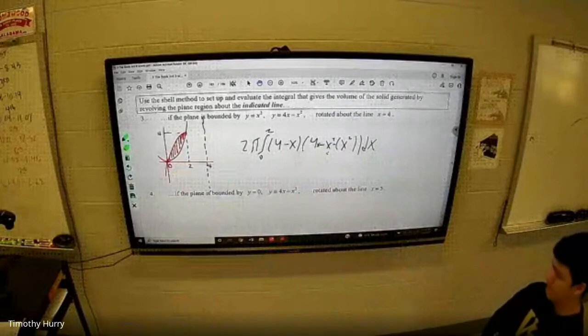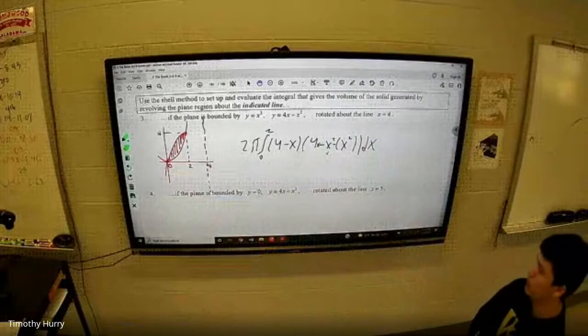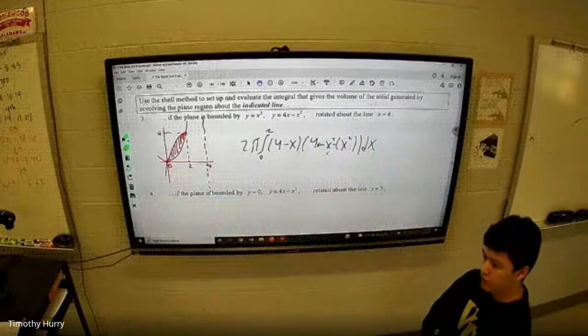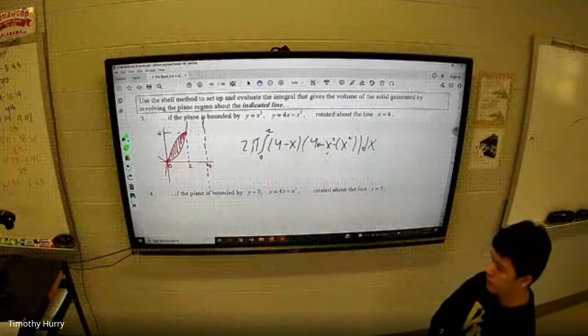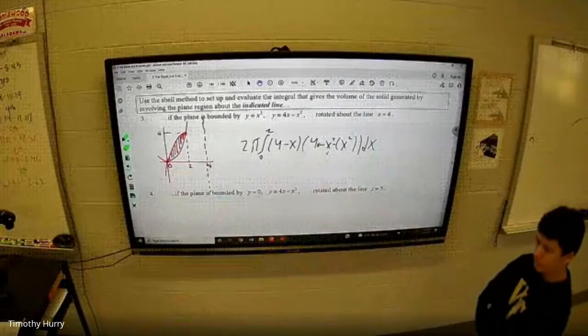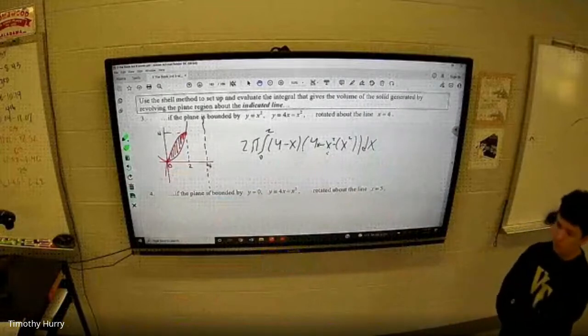I have a question. Why did you go from 0 to 2 and not 0 to 4? Because the shaded area, the region that you're actually... Right, but why do I go 0 to 4 on washer, but I don't have to do it here? I know there's a hole in the washer too. Why do I go 0 to 4 on disc washer, but I only go 0 to 2 here?